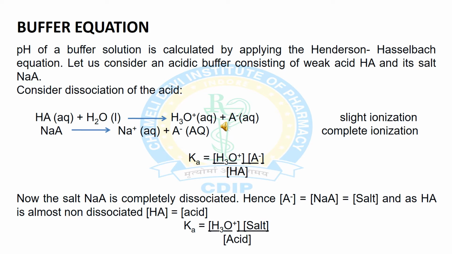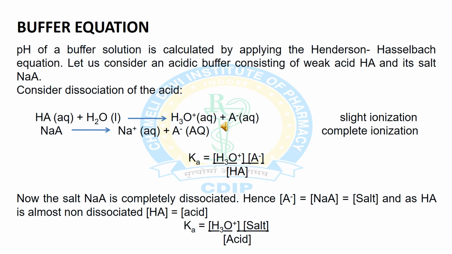While considering an acidic buffer system that is of a weak acid and its salt, when a weak acid undergoes dissociation in the presence of water, it will give hydronium ion and its conjugate base. When its salt undergoes ionization, it will get converted into Na+ and A-.